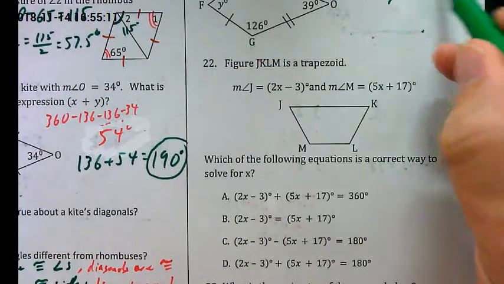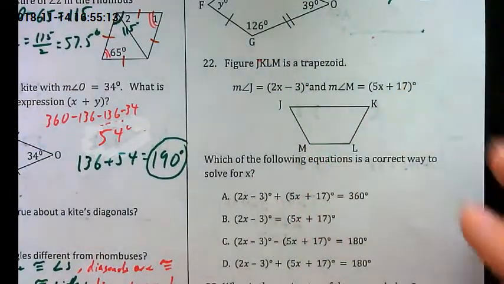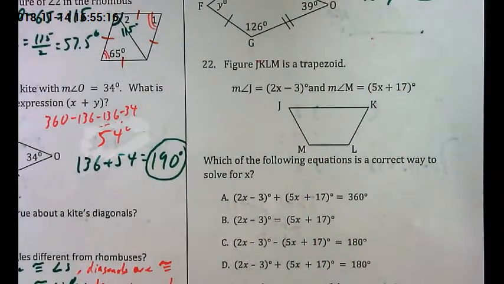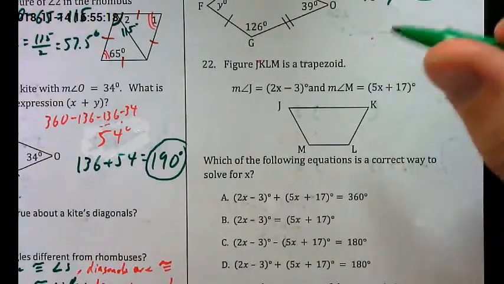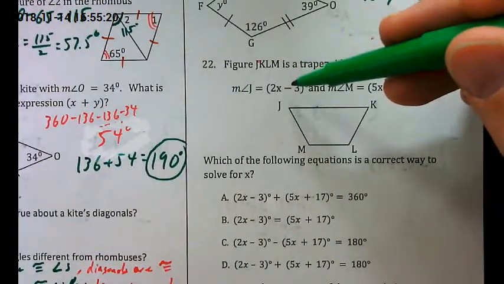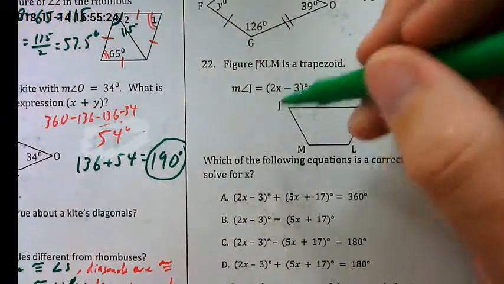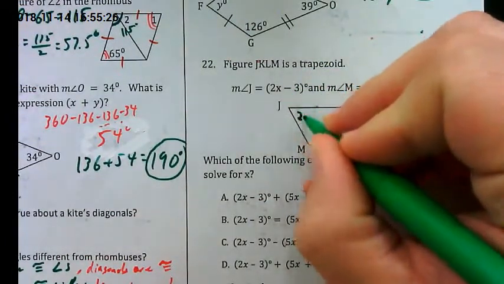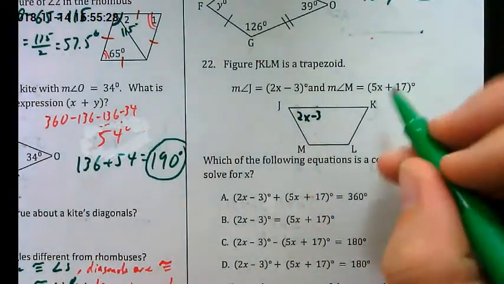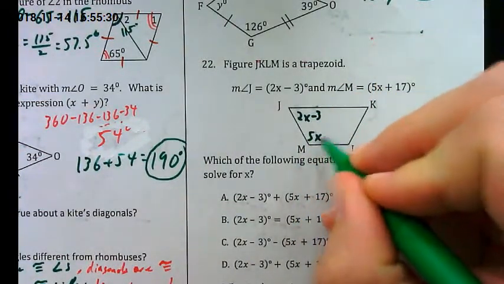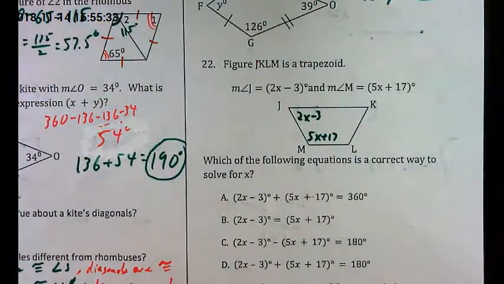All right. On this next one, figure JKLM is a trapezoid. They tell us that angle J is 2x minus 3. Angle M is 5x plus 17.